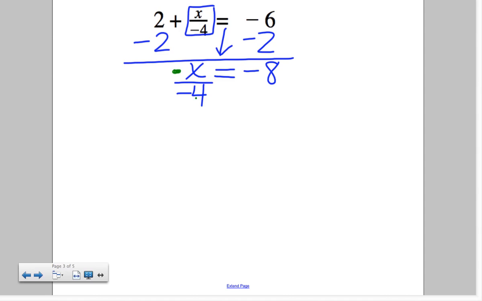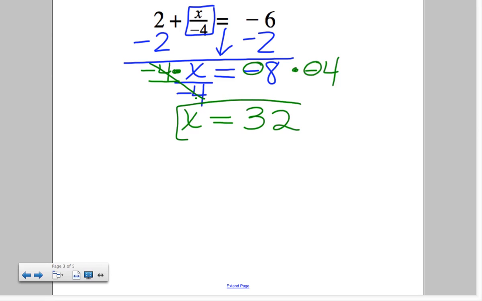To undo division by negative 4, we multiply by negative 4. Now we have a negative 4 on top of a negative 4, which is 1, because a number divided by itself is 1. But this time we're going to multiply by negative 4 on the other side. This is 1, and 1x is equal to x. And a negative times a negative is, hopefully you're thinking, a positive. And 8 times 4 is 32.